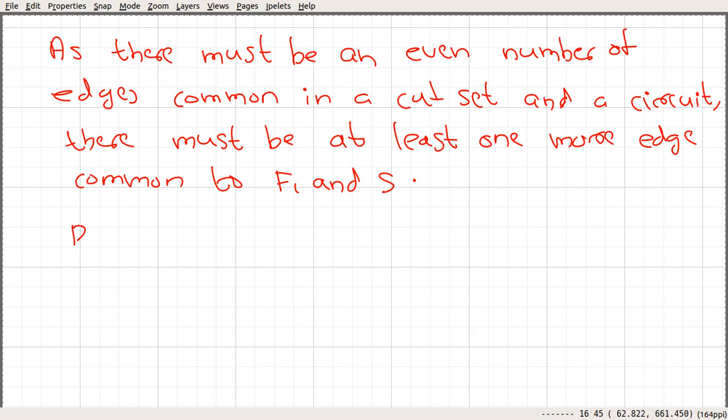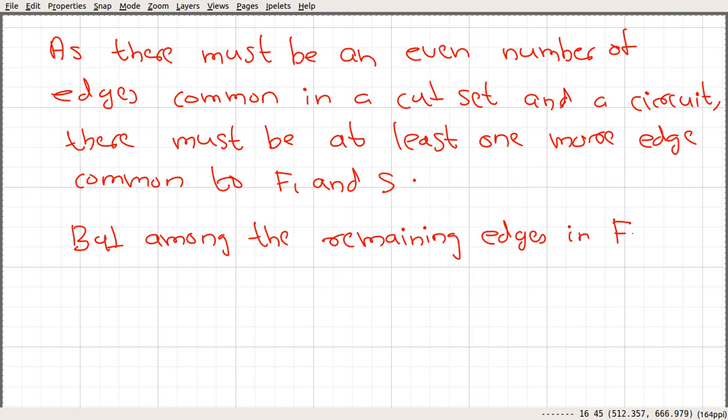But among the remaining edges in F1 and that fundamental cut set, only a branch edge can be common in both. Only a branch can be common.